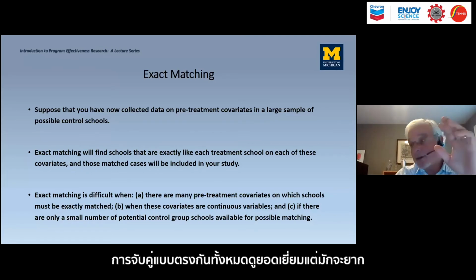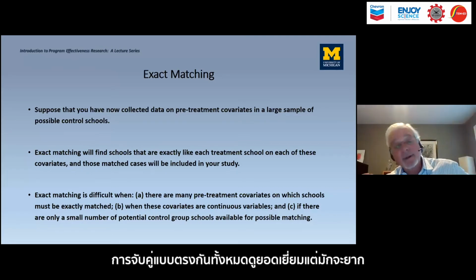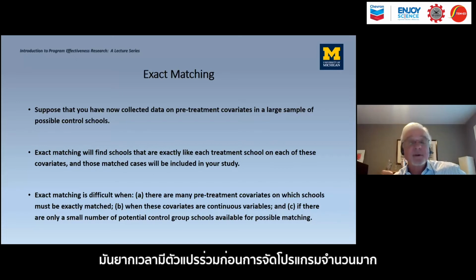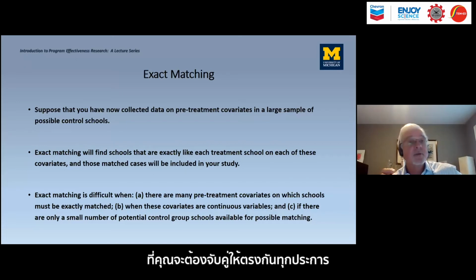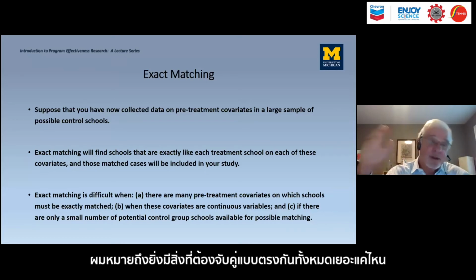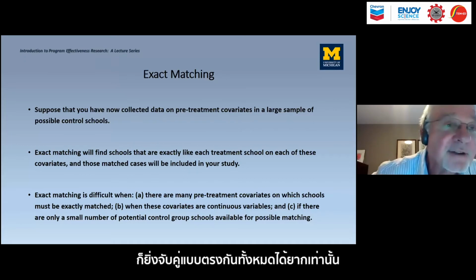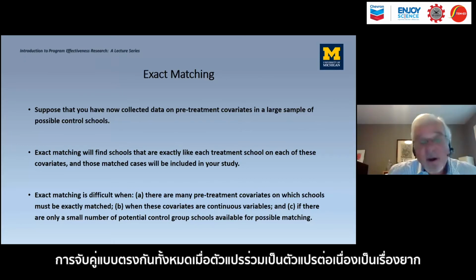Now, exact matching sounds great, but it's often difficult. It's difficult when there are a lot of pre-treatment covariates on which you need to exactly match. I mean, the more things that need to be exactly matched, the harder it is to find exact matches. It's hard to do exact matching when the covariates are continuous variables.